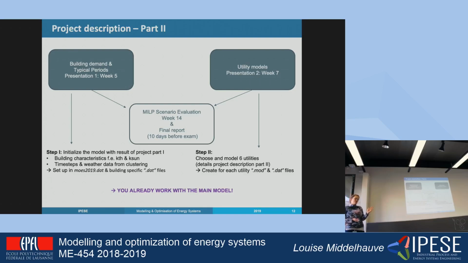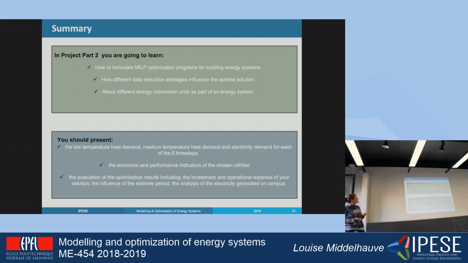As step 2, you're asked to develop your own utility models, but all the details are in the project description. We don't go into how you do it in detail now. In the end, what you're going to present, which is also in the project description, in 2 weeks, is the demand of the whole campus.